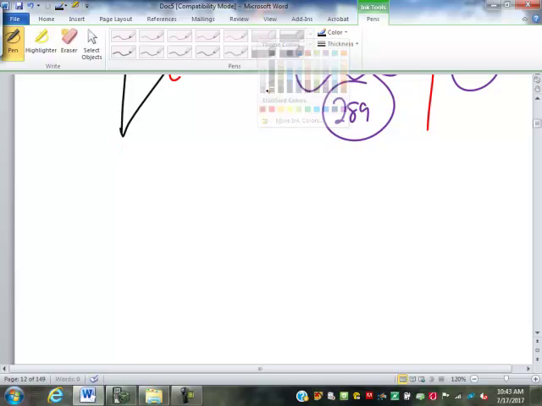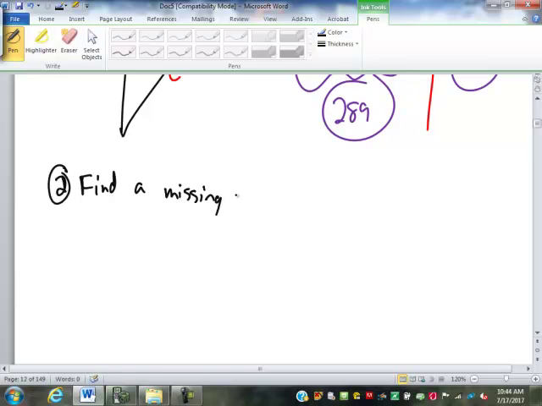The other thing the Pythagorean theorem can be used for is to find a missing side if we know it's a right triangle. So if we already know it's a right triangle, we can use it to find a missing side.